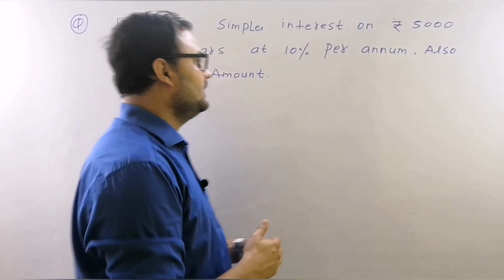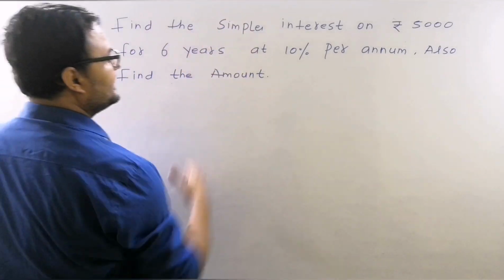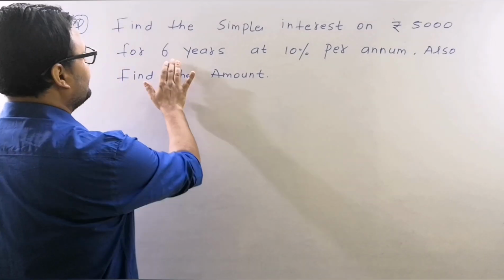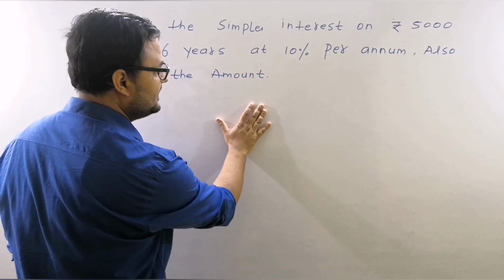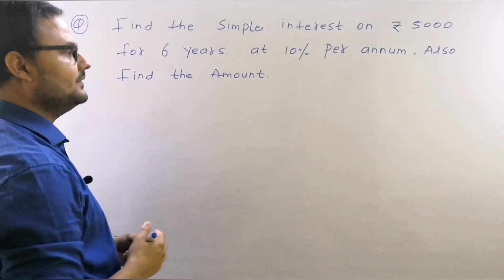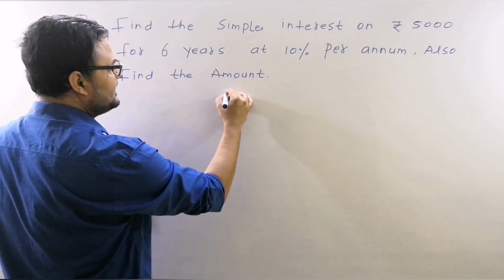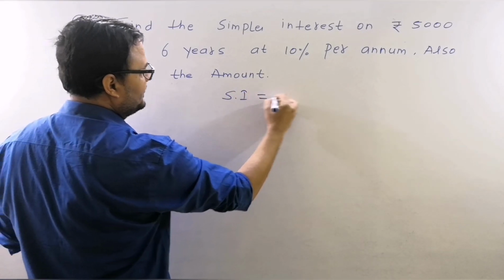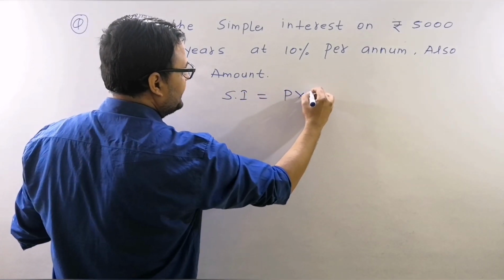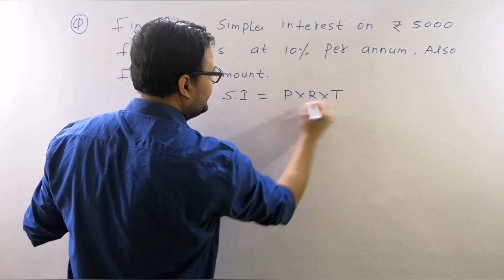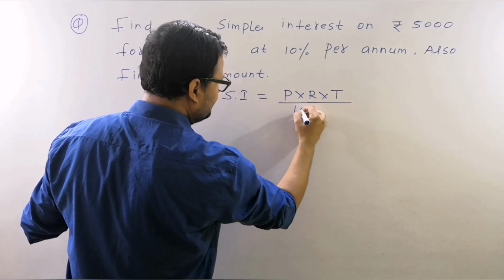Now our question is, find the simple interest on rupees 5,000 for 6 years at 10% per annum, also find the amount. So nothing to do, simply first we have to write down the formula. SI equals P into R into T by 100.